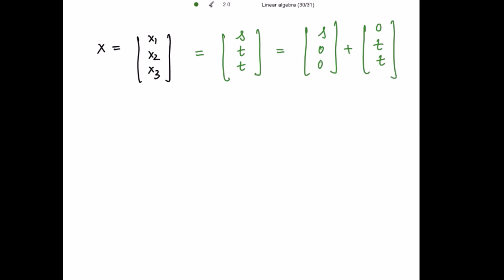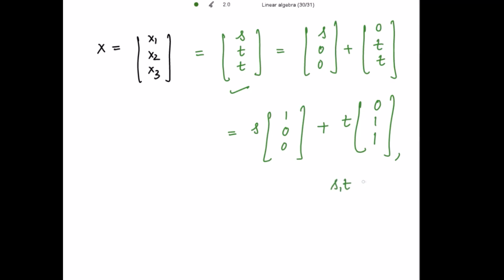When we add these two vectors, we get back the same. If I take s outside, I will be getting (1, 0, 0) inside, plus taking t outside, we are getting (0, 1, 1), where s and t belong to the set of real numbers.